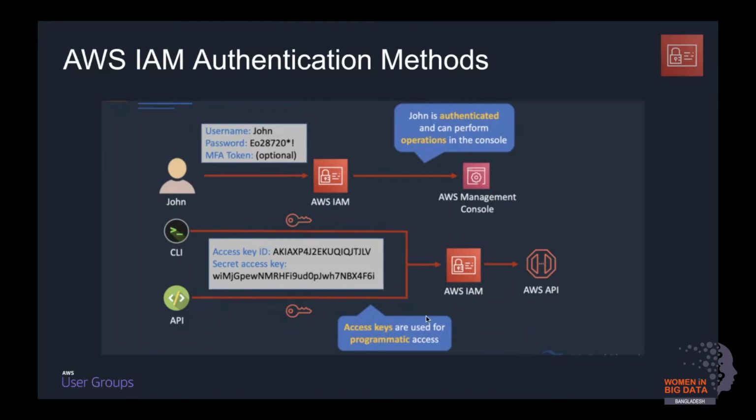The same works here, but the difference is when you do CLI and API, you cannot pass username and password. You have to pass what is called the access key ID and secret key. They pass to IAM, and IAM authenticates which particular user this access key and secret key belong to and what role that user has.